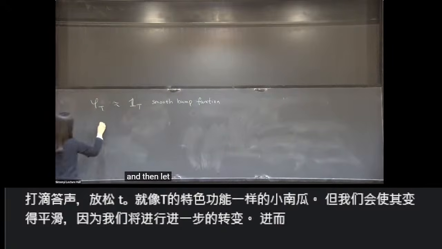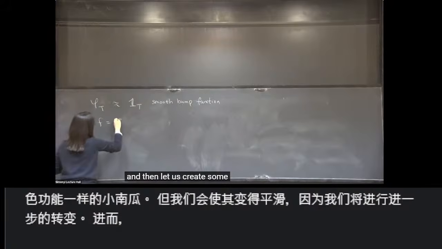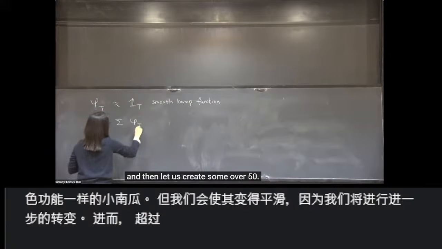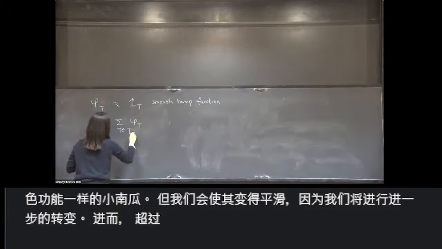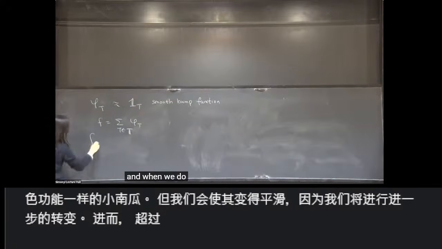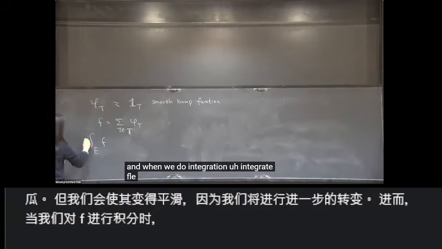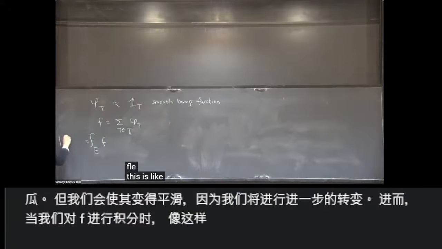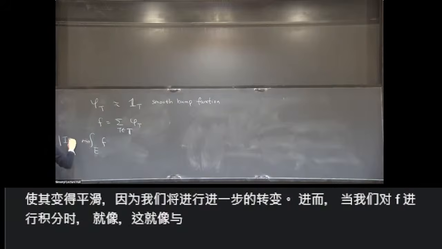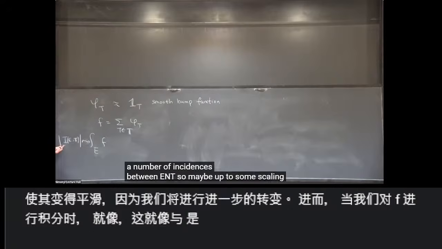And then let F be the sum over phi T. When we integrate F on E, it is related to the number of incidences between E and T, so up to some scaling factor these two are almost the same.